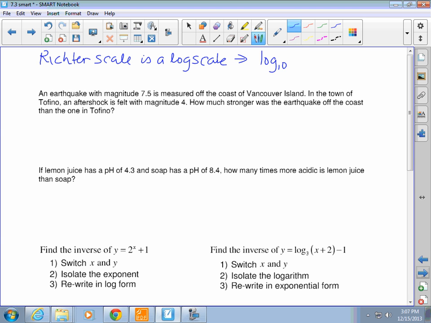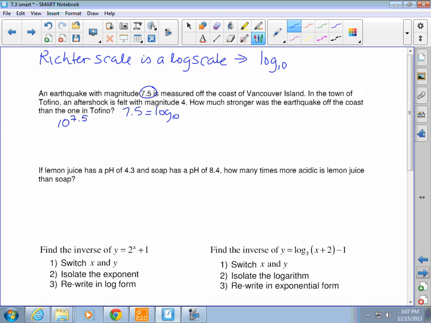If you remember from the first page, the common log is just with a base of 10. So if you did that as an exponent, this would be 10 to the power of 7.5. So that's what it was at the one place off the coast.